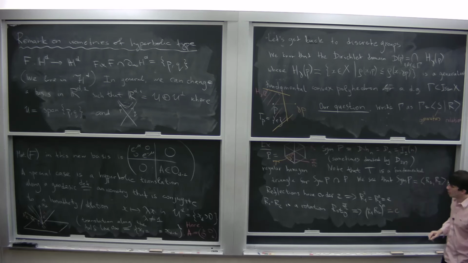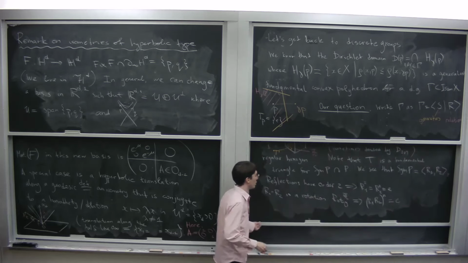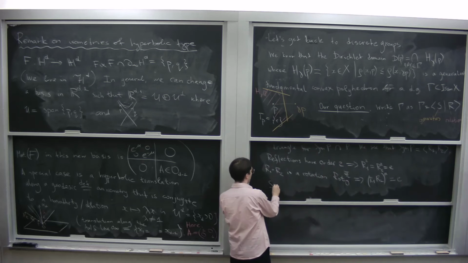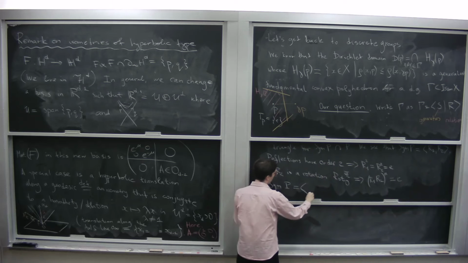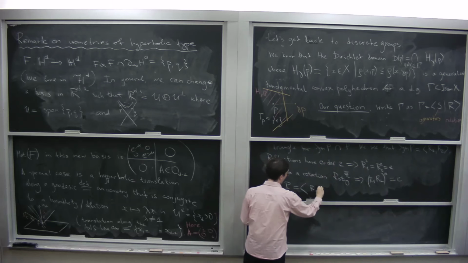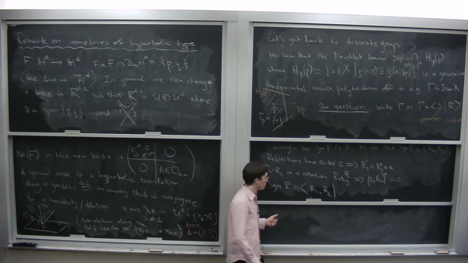And in fact, this is all. We do not have any other. So our symmetry group can be written as R1, R2. So we have 2 generators, right?